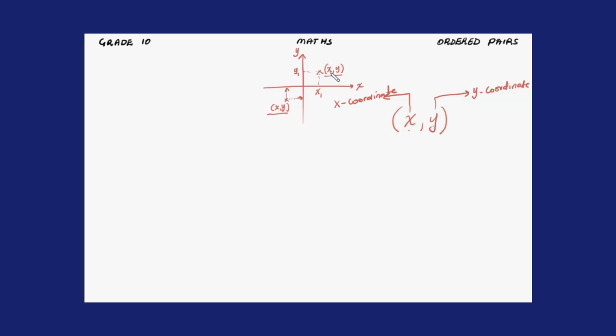And even here there are two. So we are talking about pairs here. And these pairs are ordered because of what we are going to discover right now. I'm going to show you why we are saying they are ordered pairs.